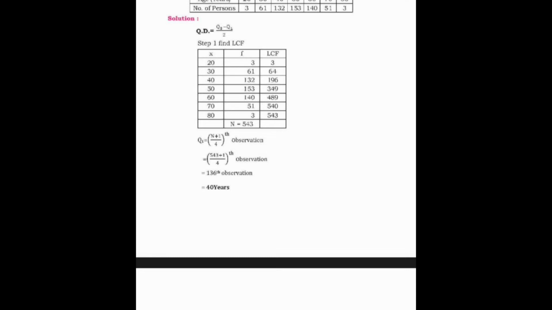Then afterwards you keep the total N as it is. The total N is 543, the summation of F is 543. Q1 is equal to N plus 1 divided by 4th observation, that is 543 plus 1 divided by 4, that is the 136th observation.